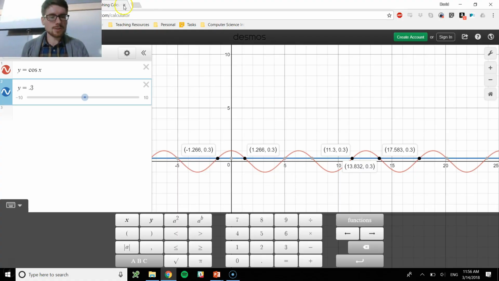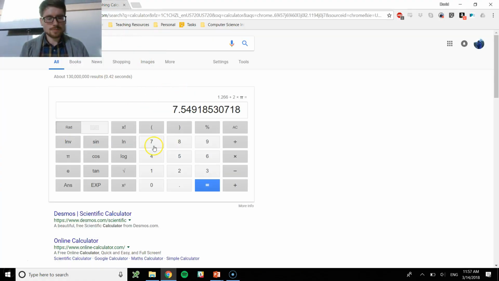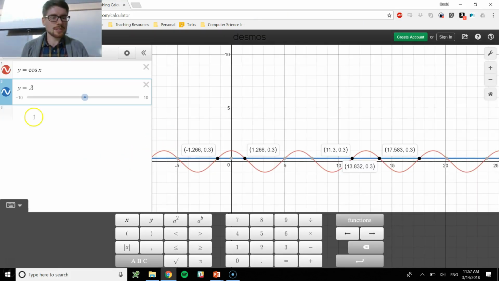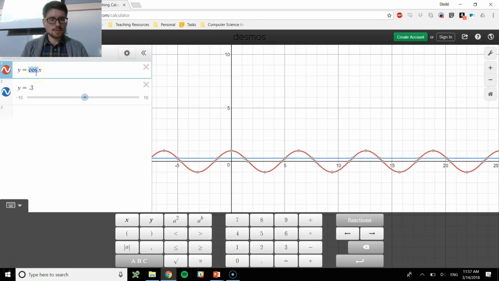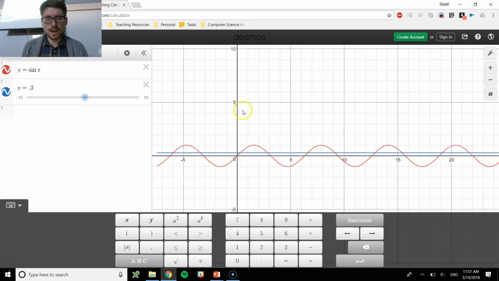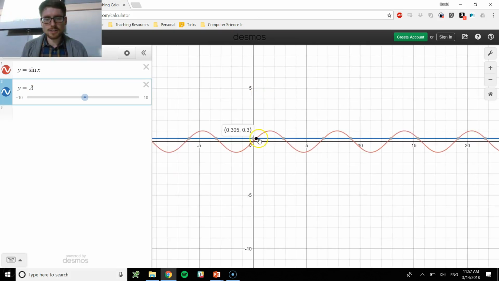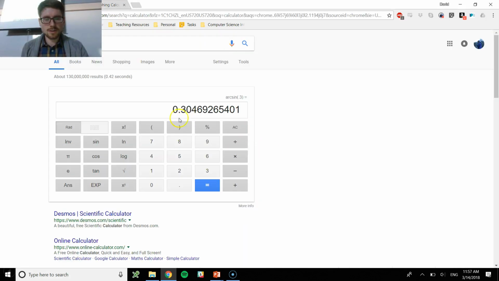If we were to do inverse sine, I'm going to clear this, inverse sine of 0.3, we get 0.304. And if I graph sine of x, we see the 0.304 answer is right there. 0.305 is the rounded version of it.